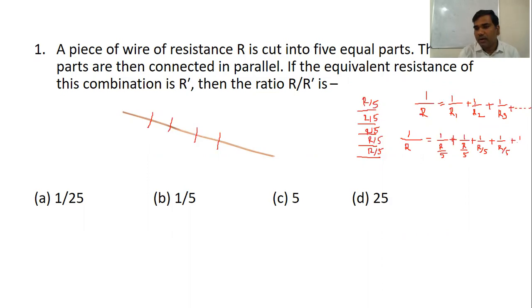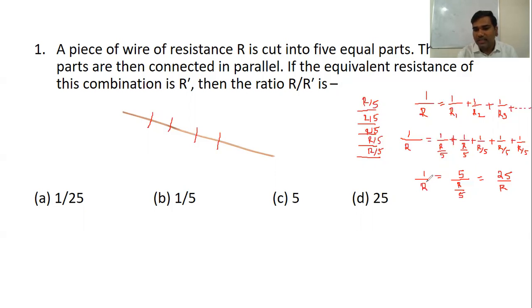All these resistors we connected in parallel. The denominator is the same everywhere. Numerators we can add 1, 2, 3, 4, 5. 5 by R by 5 which is equal to 25 by R.